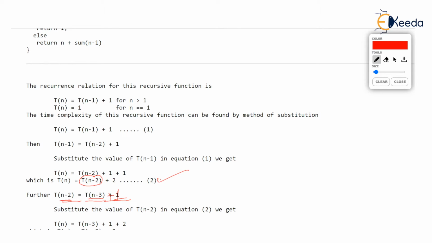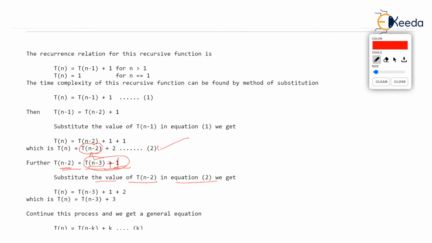So now substitute the value of Tn minus 2 in equation 2. After substituting, we will get Tn is equal to Tn minus 3 plus 1. Observe this. Tn minus 3 plus 1 is nothing but Tn minus 2, so we have substituted that value. Plus 2 remains, the plus 2 which we had in equation 2. Hence Tn becomes Tn minus 3 plus 3.